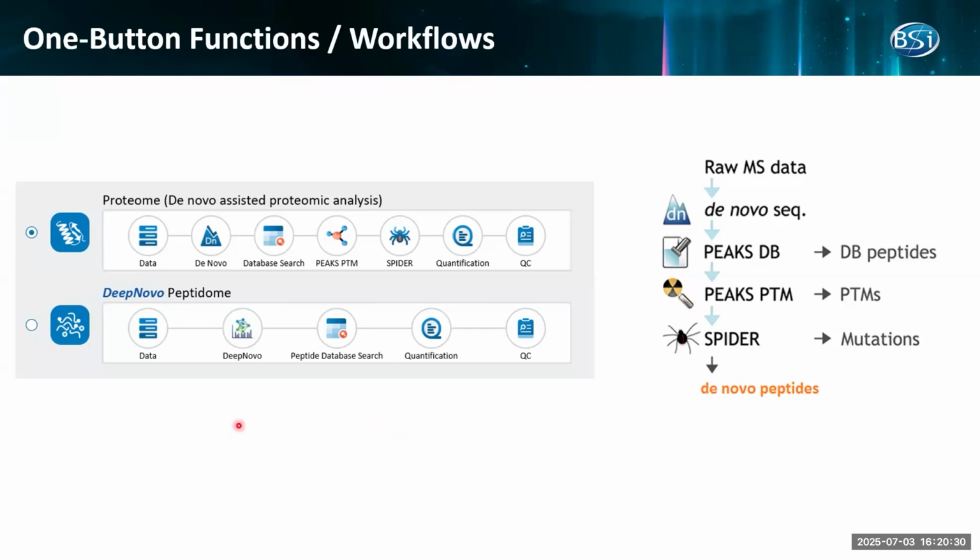Specifically, we have the proteoform workflow and the peptome workflow. For the proteoform workflow, we try to answer the question: given a data set generated from some biological sample, what are the proteins in the data?